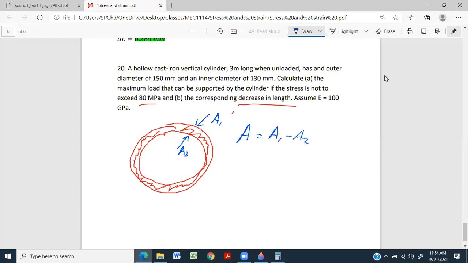That's what you do. So you'd go pi r squared, not 2 pi r squared. A1 is equal to pi times 0.15 divided by 2, squared, and A2 is equal to pi times 0.13 divided by 2, squared, and A is equal to A1 minus A2.